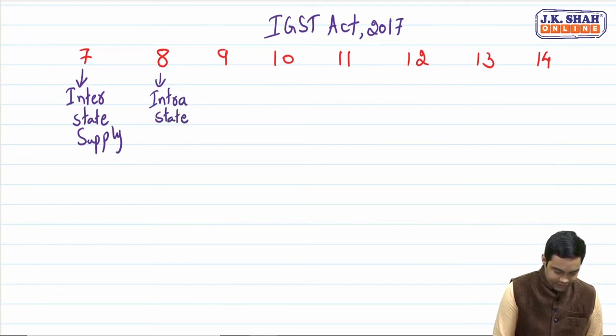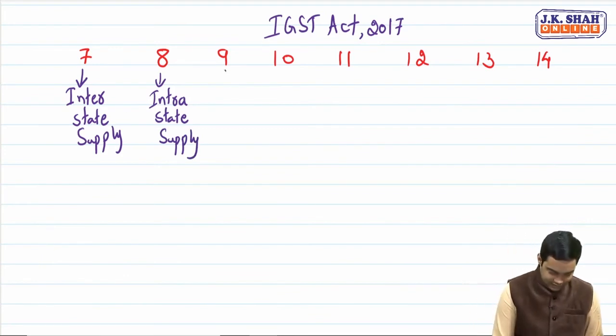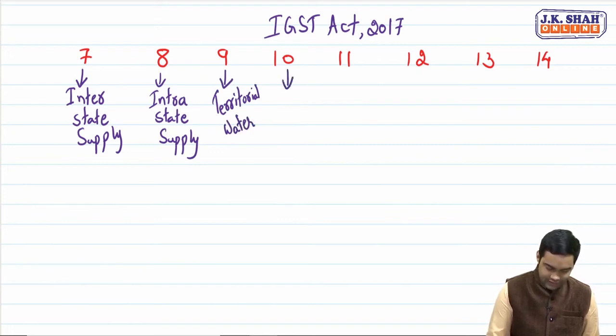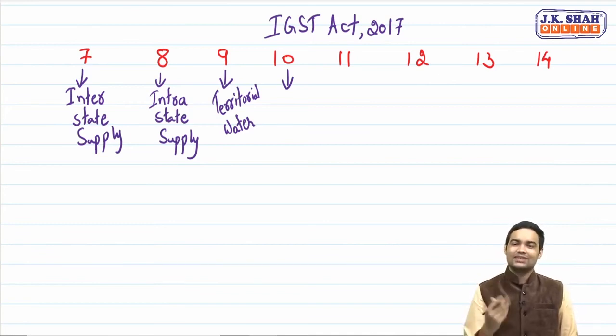It defines what is the meaning of intrastate supply. Section 9 talks about transactions which happen in the territorial waters. Sections 10, 11, 12, 13, these 4 provisions provide the place of supply.